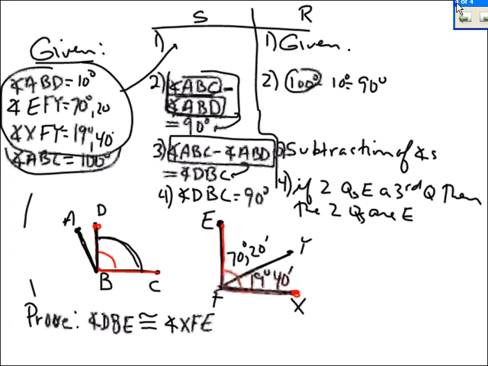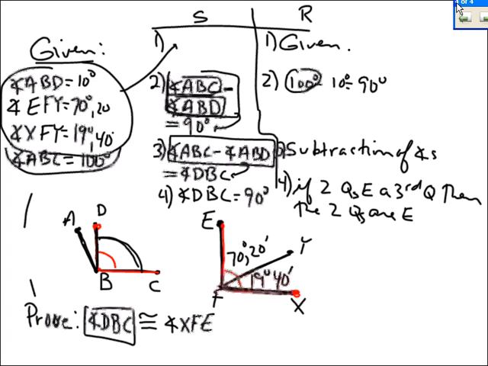So right now, I have angle DBC. Oops. Okay, so this must be a typo, XFE. This is a typo on the bottom. When I transposed it, I wrote it down wrong. Okay. So right now, that's 90 degrees.